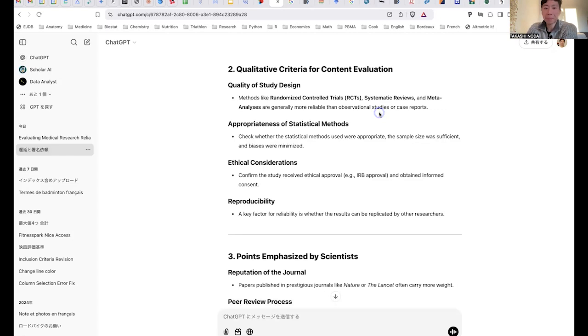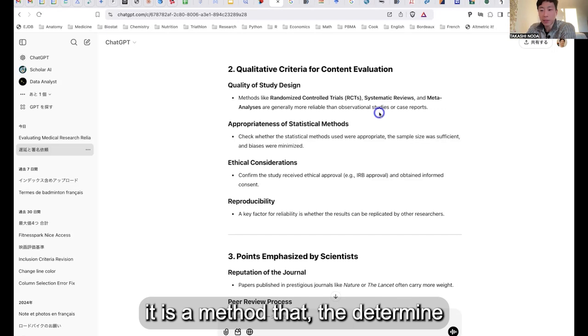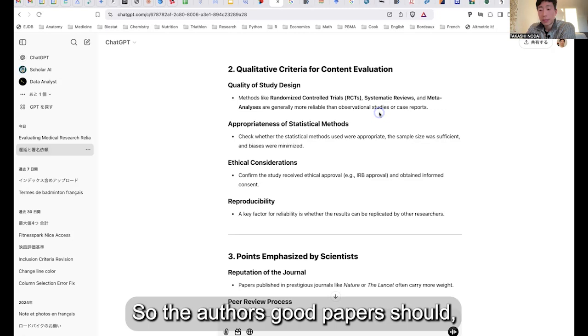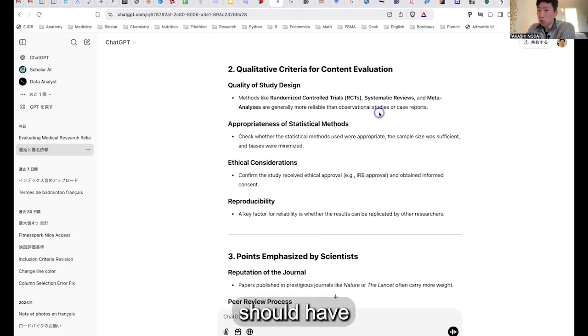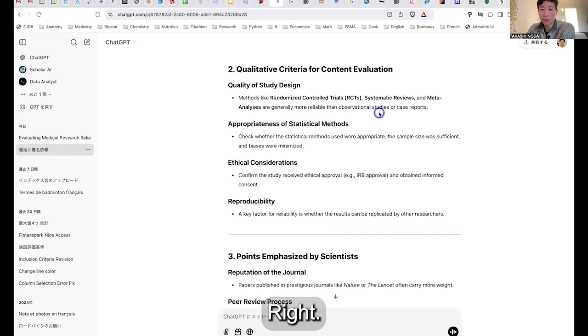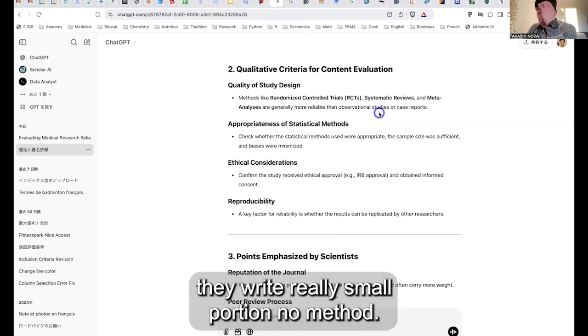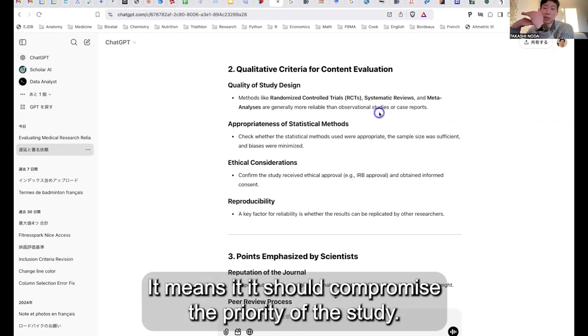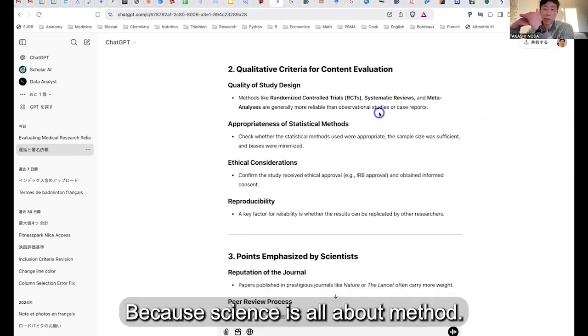So it is the method that determines the quality of the study. Good papers should have a significant amount of method section, right? If the authors write only a small portion on method, it means they didn't put emphasis on method, which compromises the validity of the study, because science is all about method.